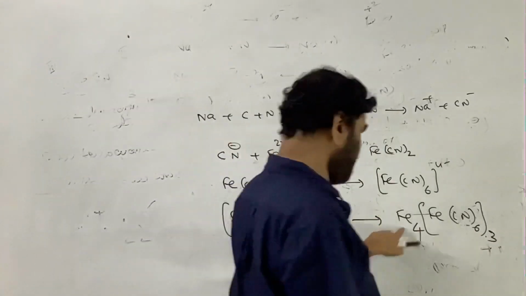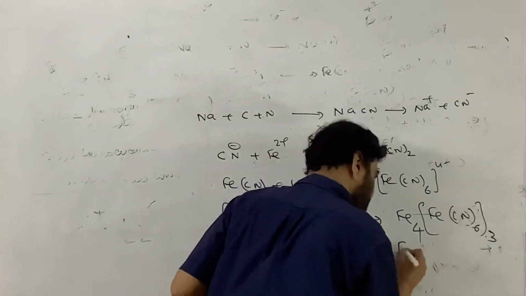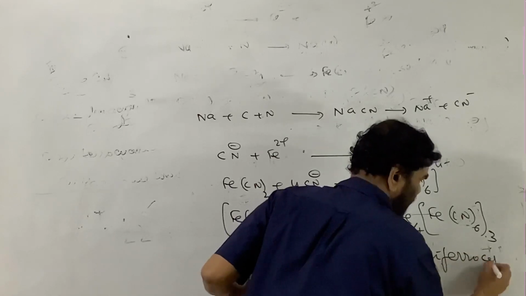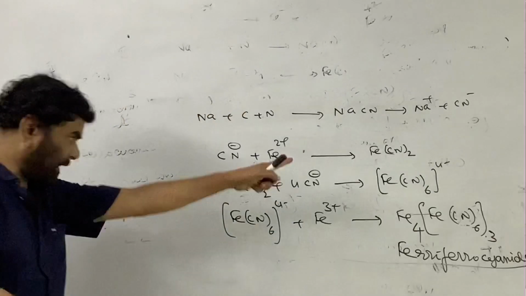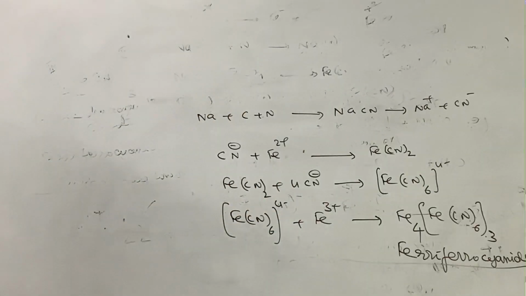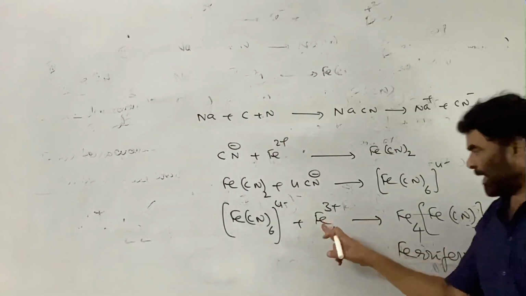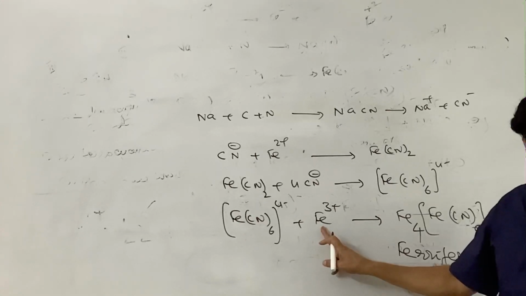Ferric ion, ferrous ion, ferrocyanide. This is a complex that has a Prussian blue color. See, this is the simple way of explaining. Where does the ferric ion come from? It comes from the ferrous sulfate only.